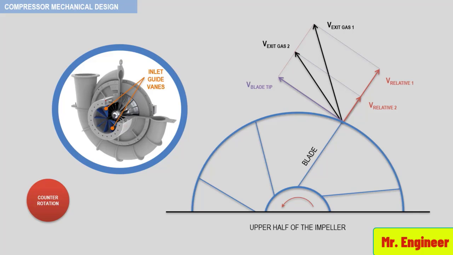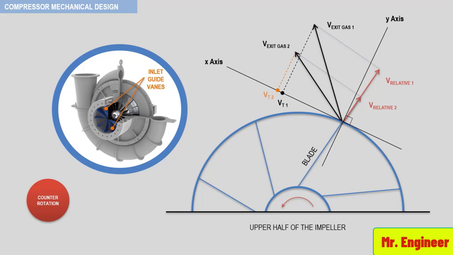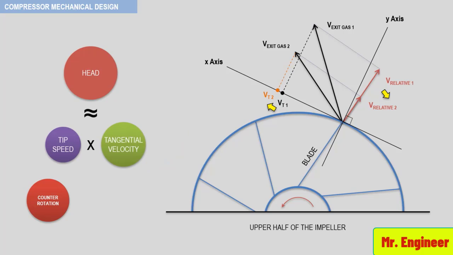This new exit gas velocity will have a higher x component or tangential velocity. So, a counter-rotation of the inlet guide vanes reduces the relative gas velocity, which increases the tangential velocity. This means, assuming a constant tip speed, the head is increased.